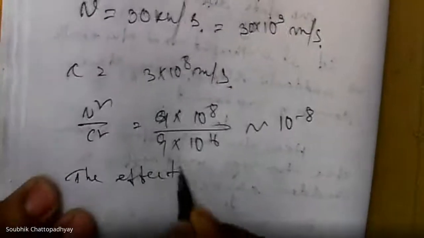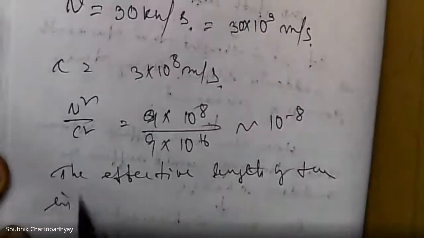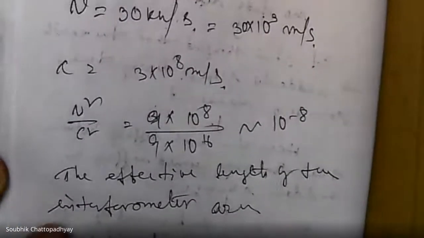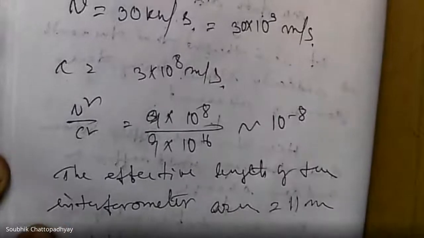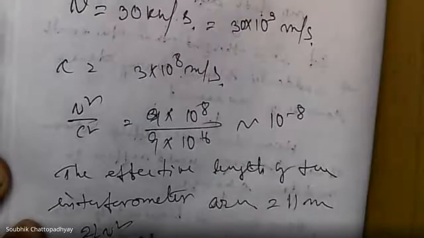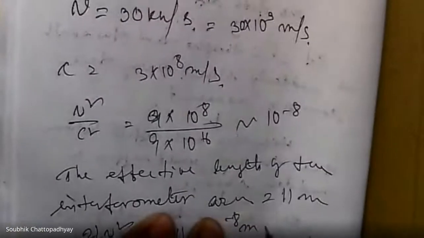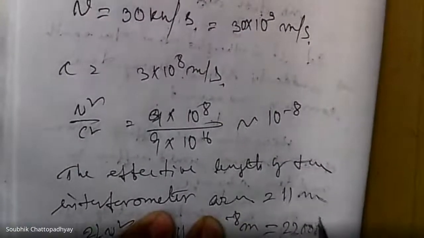Now, in the original experiment, the effective length of the interferometer arm, L, is 11 meters. So 2L v square by c square is equal to 2 into 11 into 10 to the power minus 8 meters, which is nearly equal to 2200 angstrom.